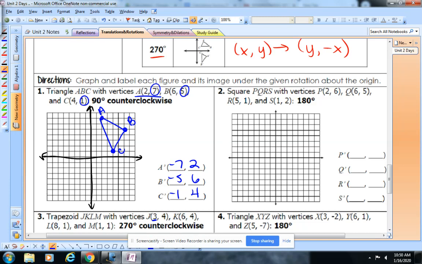Okay? That's it. So left 7, left 2, A prime. B prime. C prime.